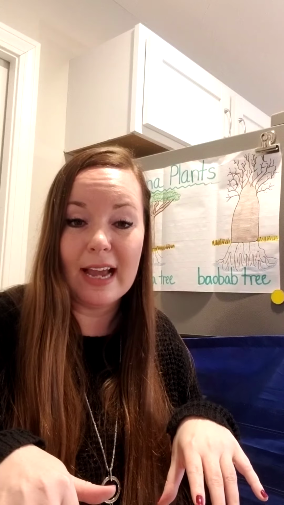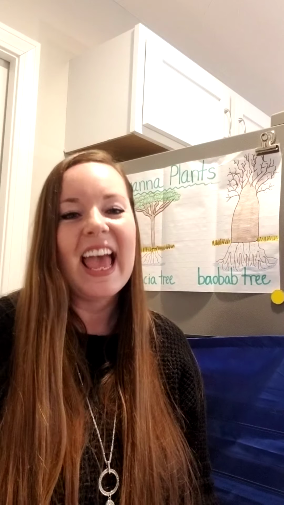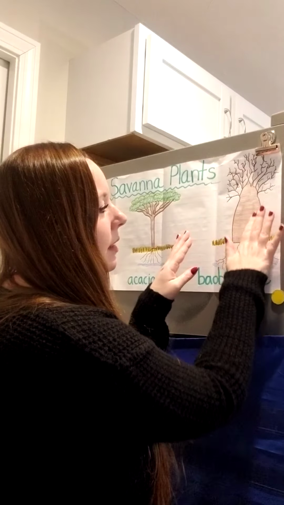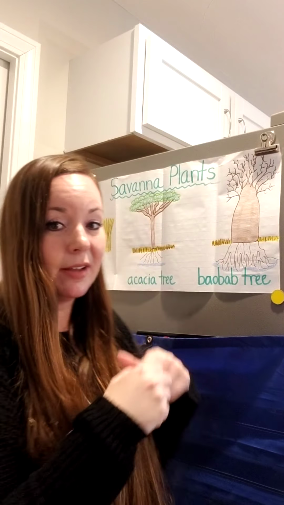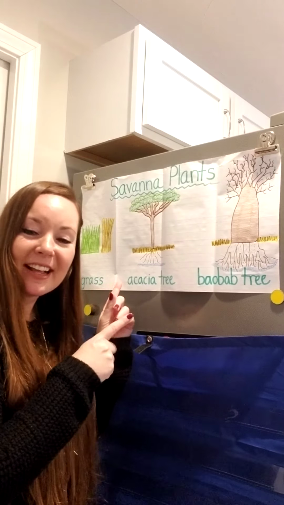All the leaves fall down, so that way it doesn't waste any water up top to give water to the leaves. It just drops them, they fall down to the ground, and then it just uses the water in the middle of the trunk to stay alive. Pretty cool. I'm going to have you illustrate some of the savanna plants for your next assignment.